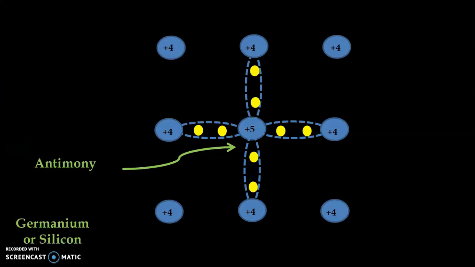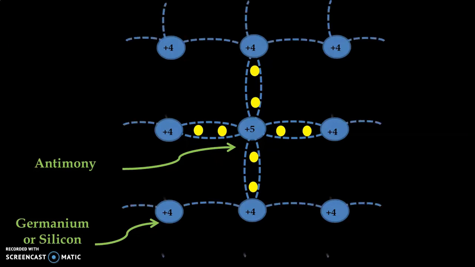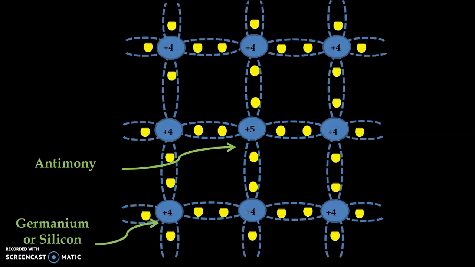And the remaining germanium or silicon atoms make a covalent bond with 4 valence electrons of each. We know that antimony has 5 valence electrons. Out of this, 4 valence electrons have made covalent bond with the valence electrons of the silicon atoms.